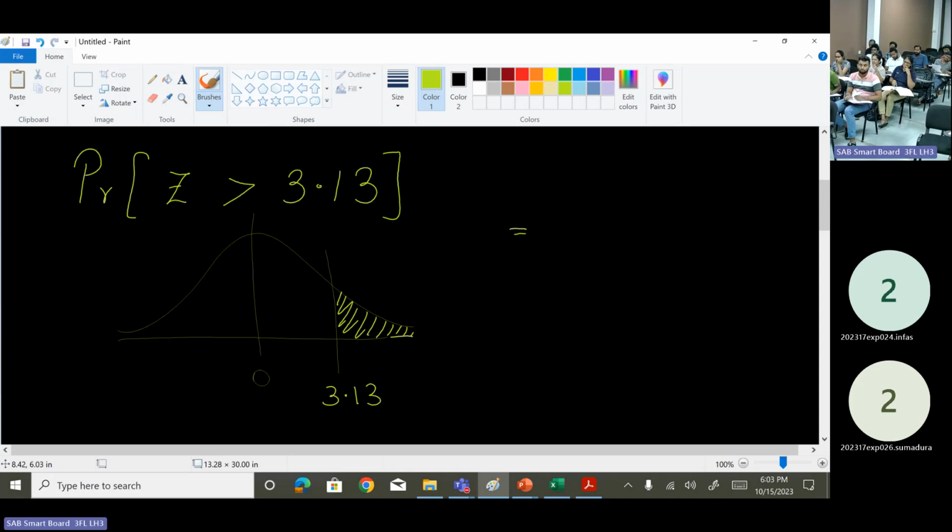So 0.5 minus what you get when you refer is 0.4991. Now don't you see any difference? Up to now, whatever values you have referred and the value now you have referred, can't you see any difference?